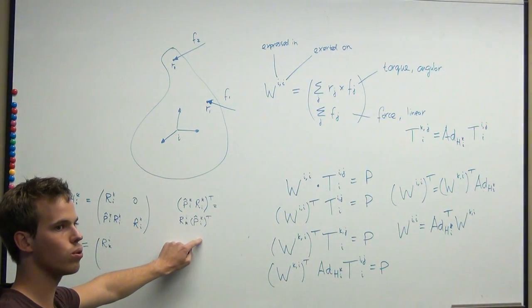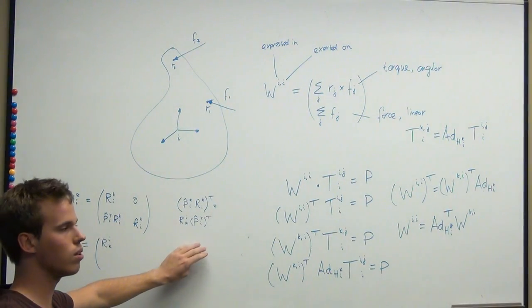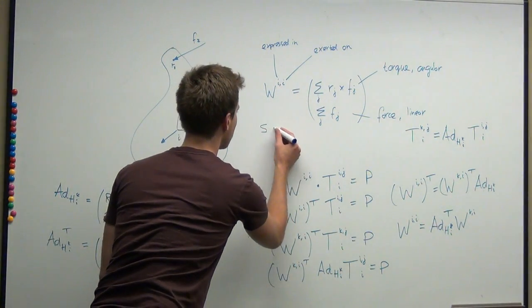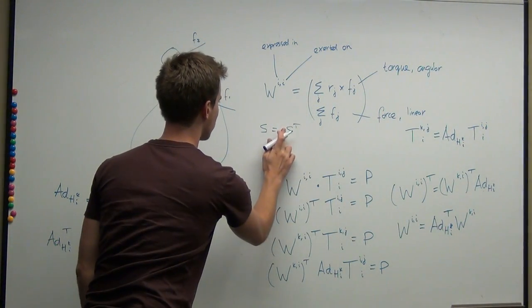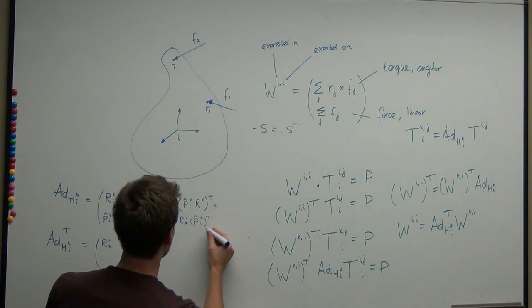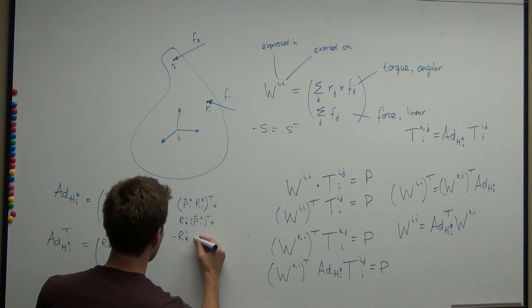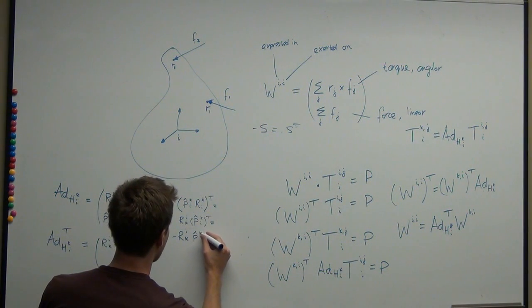So taking the transpose of a skew symmetric matrix does what? What is the property that defines a skew symmetric matrix? S equals negative S transpose, or S transpose equals negative S. So that's the same as R_I,K, negative R_I,K V hat_K,I.